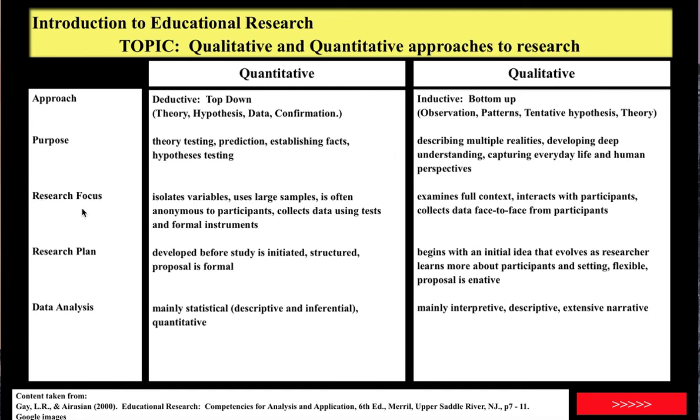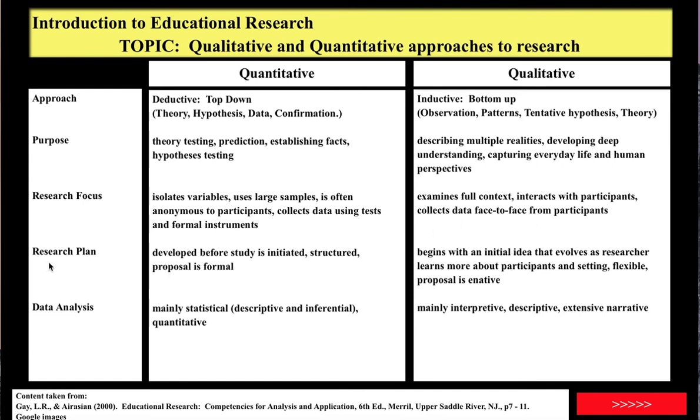The focus for quantitative: isolate variables, uses large samples and usually random, is often anonymous to participants, collects data using tests and formal instruments. For qualitative, the focus is quite different. The researcher is looking at the full context, and the researcher interacts with participants, collects data face-to-face from participants.